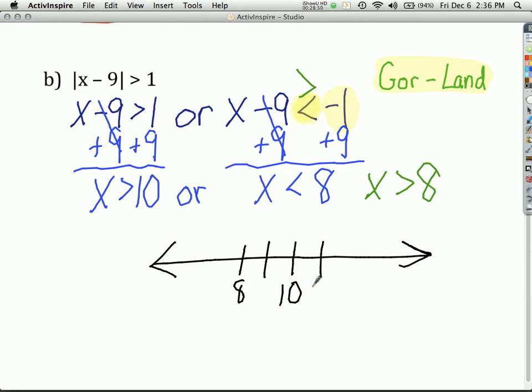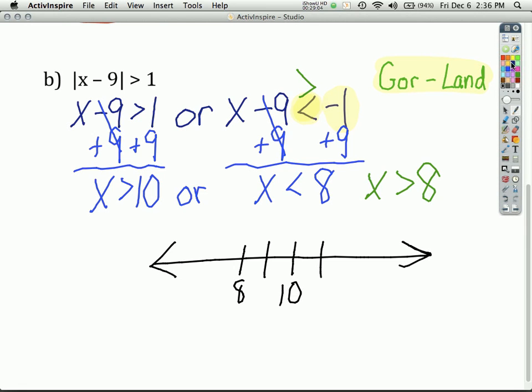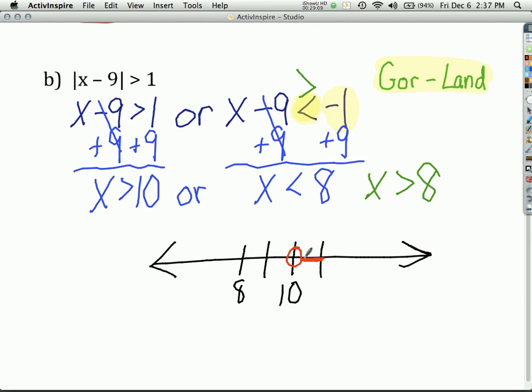What's an OR inequality supposed to graph like? It's supposed to be opposite ends, right? So it should be graphed here and here, but read this. This says x is greater than 10. So that means that here's what my graph would look like. Greater than 10, right, is all of this.